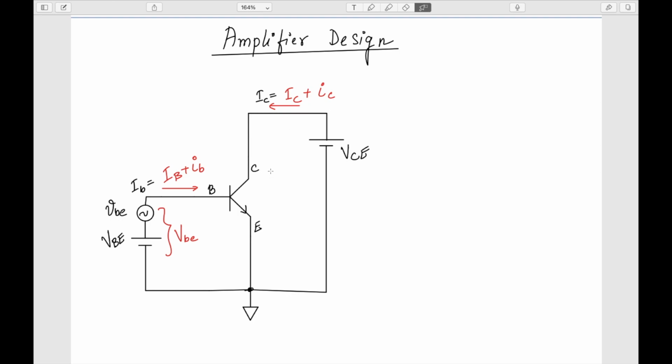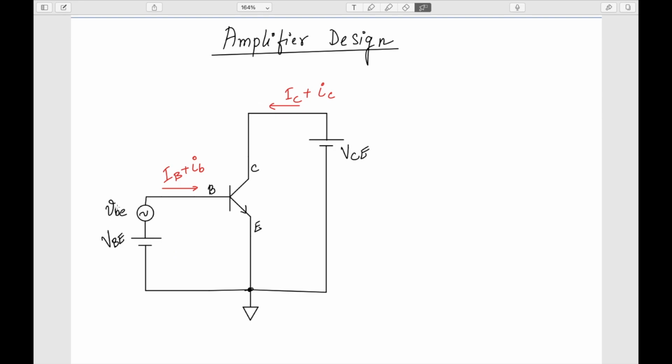This small signal ic is beta times ib, and because we know that beta can be 50 to 350 or even more, that is an amplification, basically amplification of the current. So now what we want to do is a voltage amplification, okay?